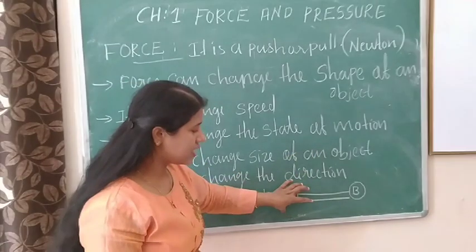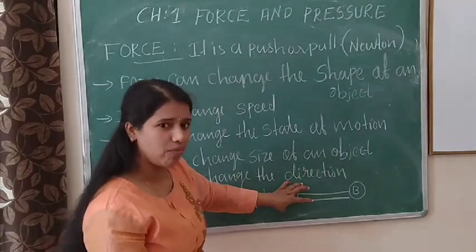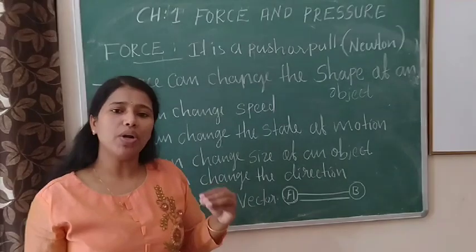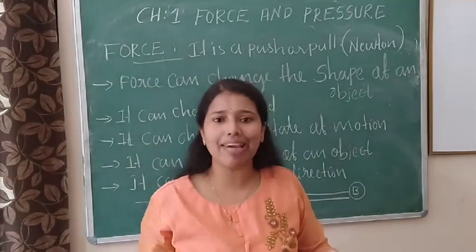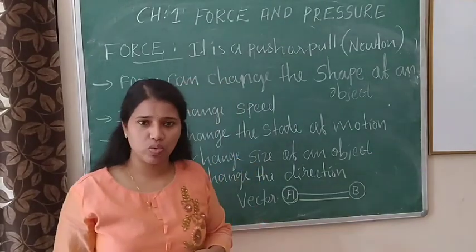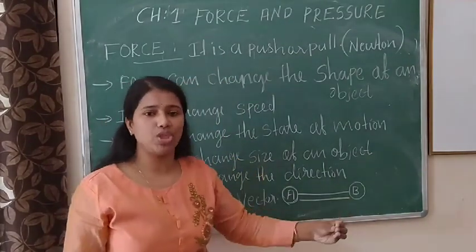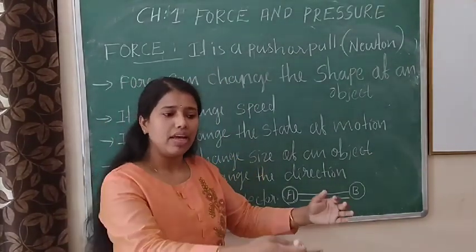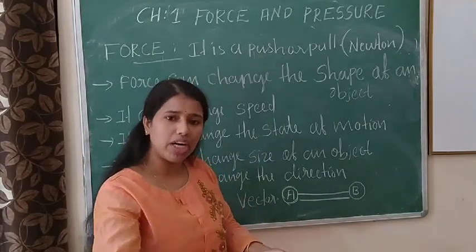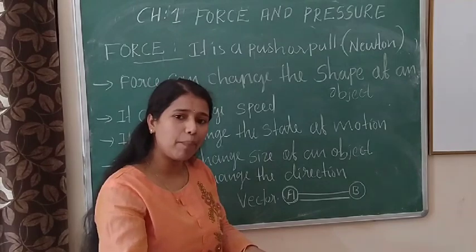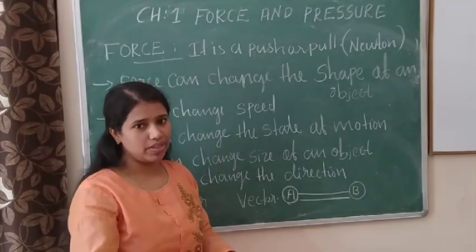This is the state of rest. Motion means an object is moving. For example, when we kick a ball, it will move, so that is in motion. Then after some time, if we keep a hand on the other side, it will stop.